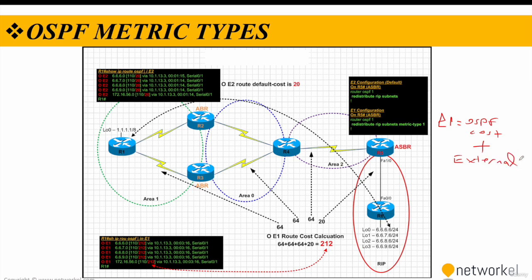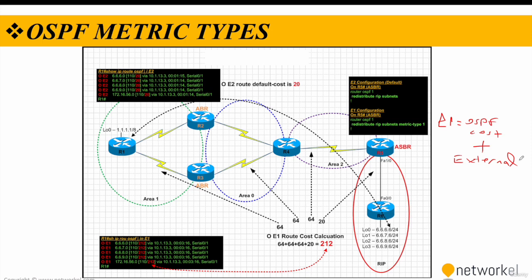OSPF calculates the total cost of the route to an external destination considering both the internal OSPF cost and the external cost. This allows OSPF to integrate external routes more seamlessly with internal routing decisions. For example, if the internal cost is 10 and the external cost is 20, the E1 metric would be 30.